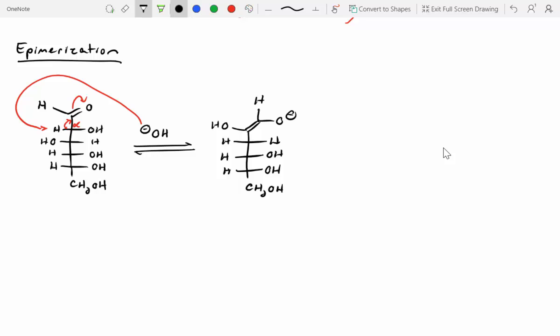And this enolate can actually react with the water that's formed from that reaction. So we're basically doing the reverse mechanism. And when this happens, you scramble the stereocenter.